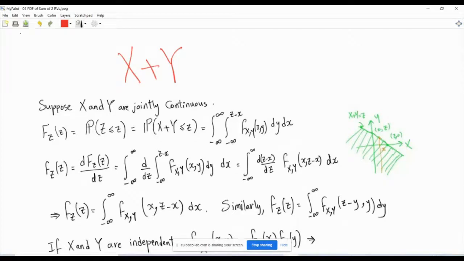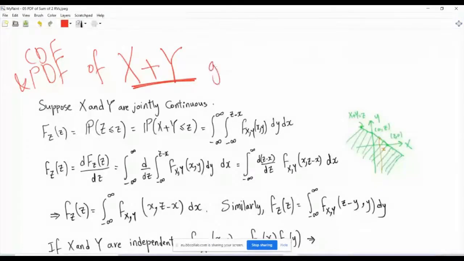Previously it was like x, and you apply a function g of x, g of x is equal to y, and then you are interested in the distribution of y. Now we have two, x and y. So what is the CDF and PDF of x plus y given their joint distribution?